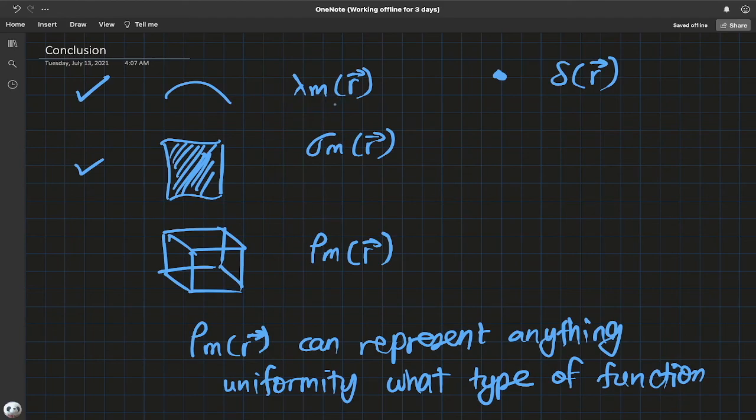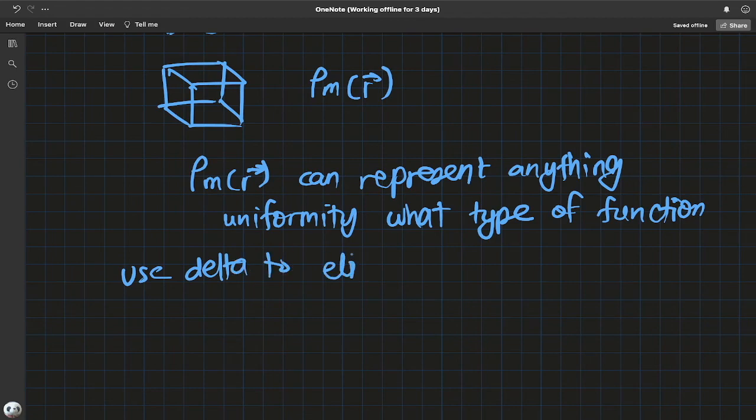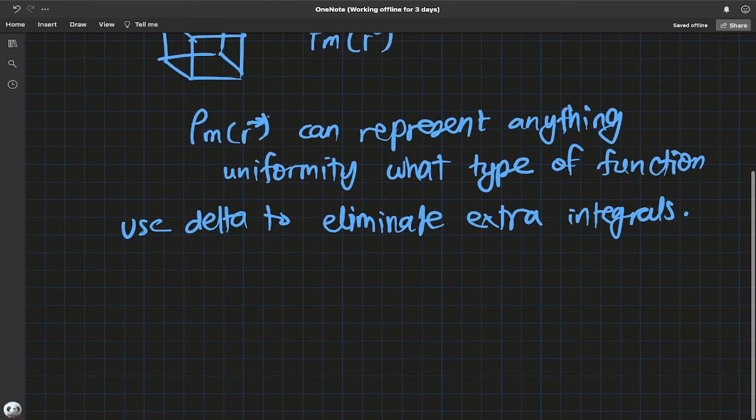So the Dirac delta does that job for you. So you can use the delta to eliminate extra integrals like dy dz in the case of the line in the x direction. That's the way deltas are really useful.